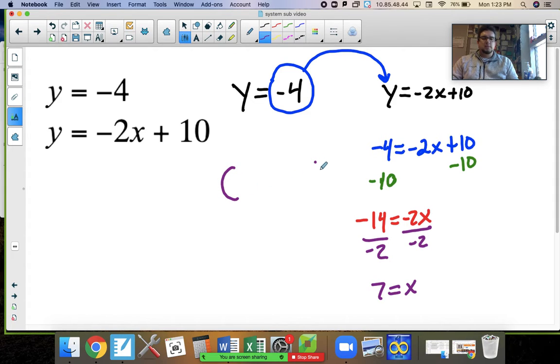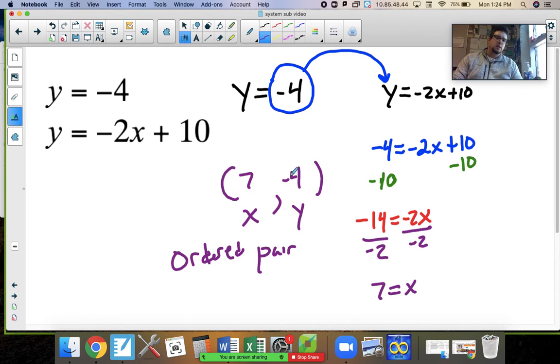For our systems problems, we have an answer for x, we have an answer for y. We're always going to write them in an ordered pair. So x is 7, y is -4, and there's our answer. What we're doing is we're finding where these two lines intersect without graphing a single line.